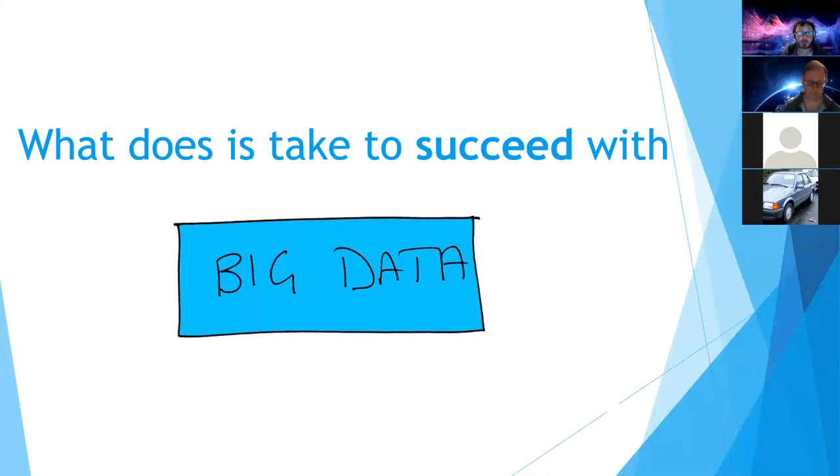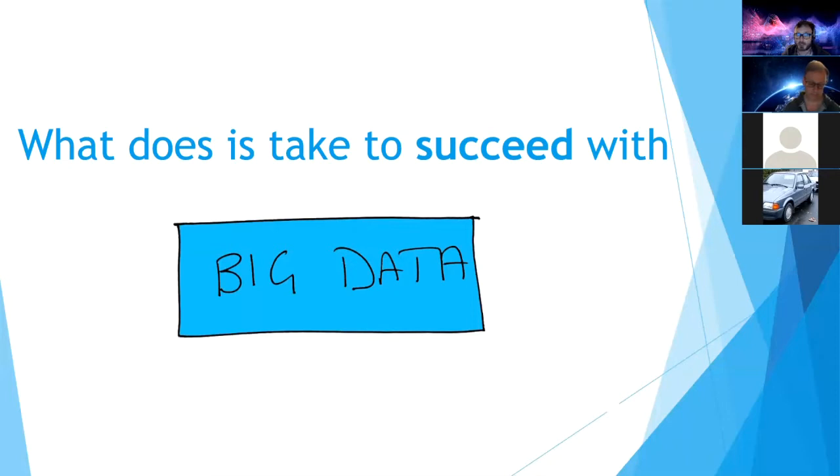The first step is that you need to store it. You then need to be able to make sense of it, and thirdly, the whole point is that using data from the past informs what we do now and in the future. There is no point to big data unless we're using it to make the future better.